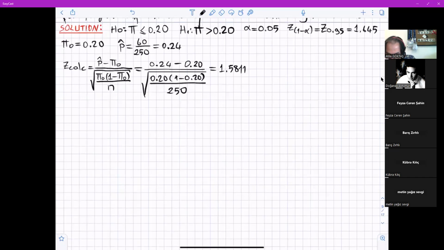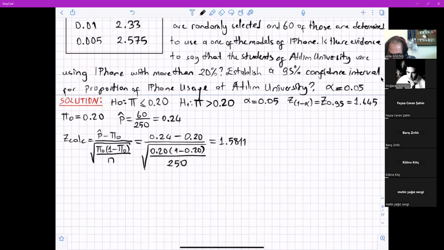Okay, and if you look at the sample proportion, which is 0.24, you may think that you can reject the null hypothesis and support the alternative, and say that the proportion of using an iPhone is larger than 0.2 or 20%. Since the sample proportion is 24%, you may think in this way, but statistically, we may not be sure of this.